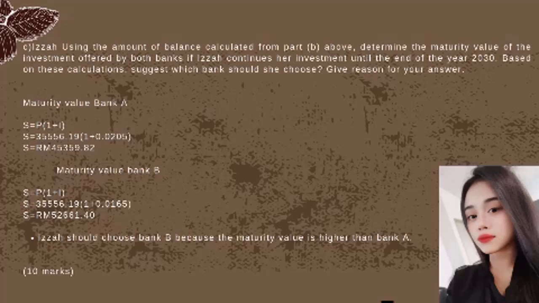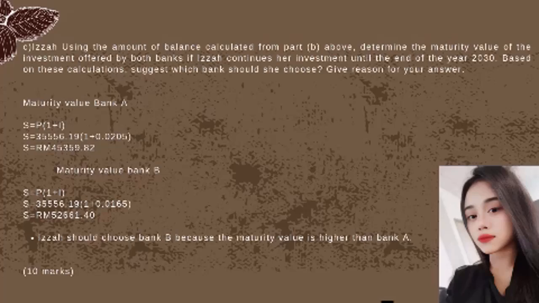And after that, we will find the maturity value of bank B. So we're gonna use the same formula, which is S equal to P(1 + i)^n. So the step is S equal to 35,556 ringgit 90 cent (1 + 0.0165)^24.